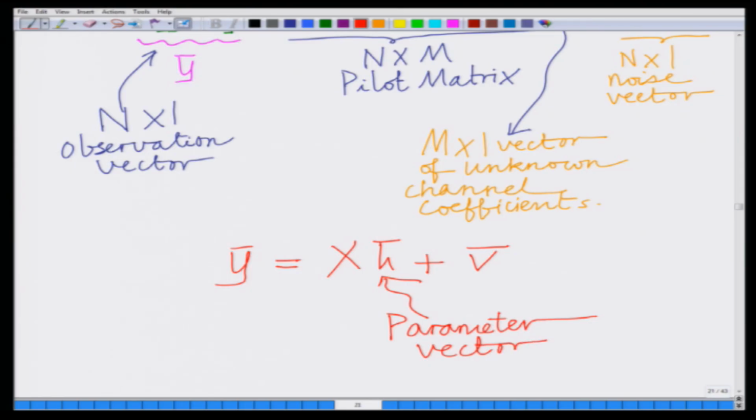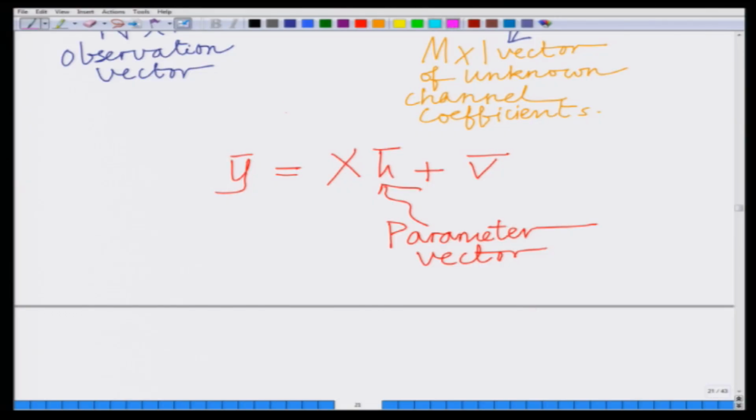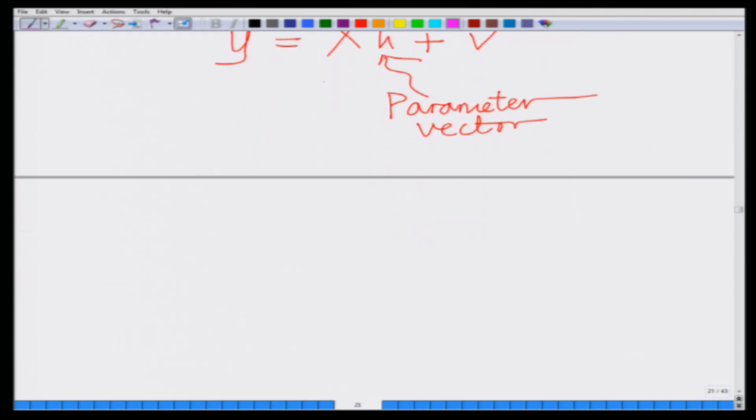So we have y bar equals X h bar plus v bar, where h bar contains the m unknown channel coefficients which have to be estimated. X is the matrix of pilot symbols, this is also known as the pilot matrix.